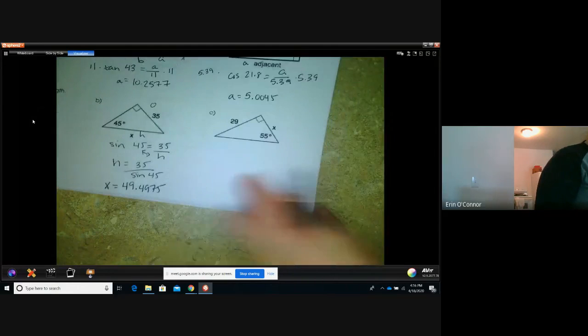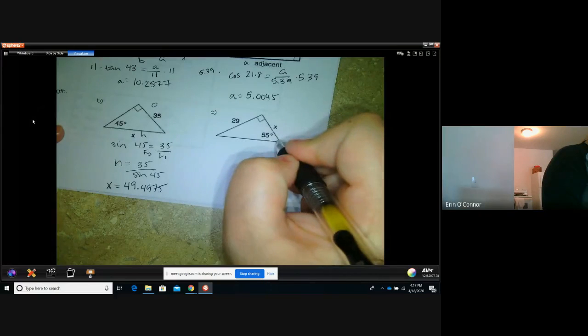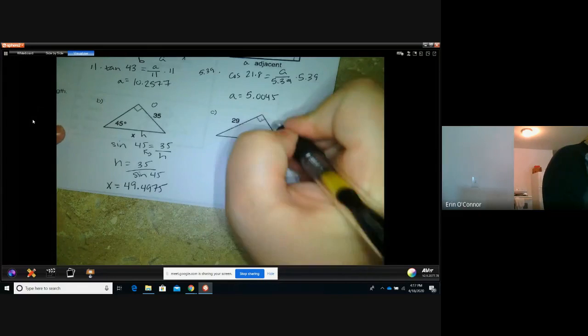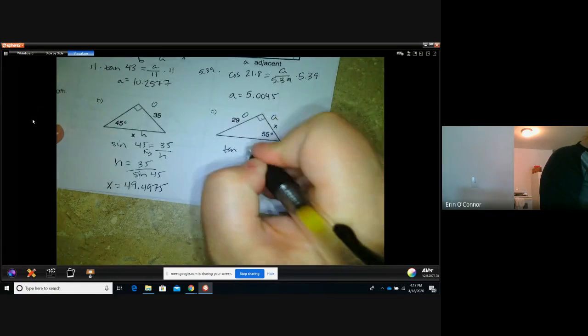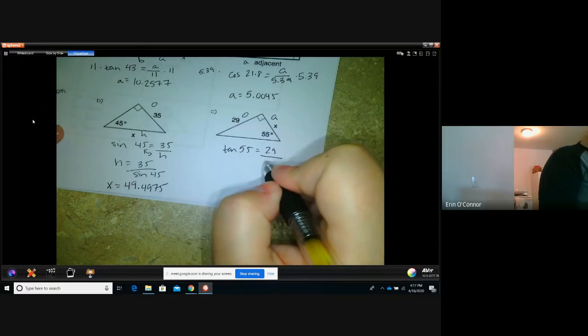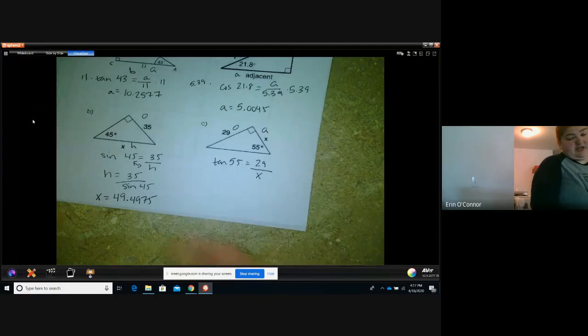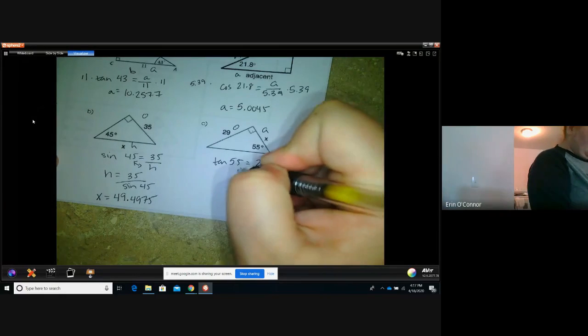And for the last one, this is the angle right here, this is the 90, so adjacent, and then opposite, so we're doing tangent of 55 is equal to 29 over x. You can also always do cotangent for this if you don't want to do the flip like this. I generally do not use the reciprocal functions.